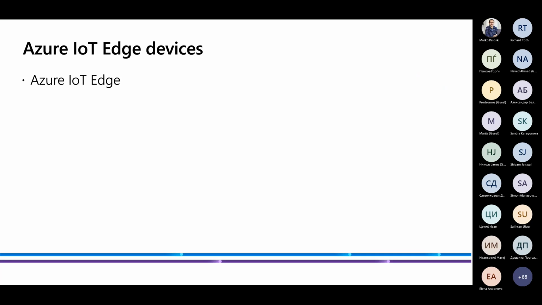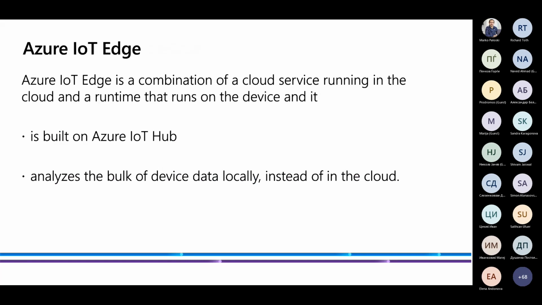And now we have Azure IoT Edge devices. Azure IoT Edge is a combination of cloud service and a runtime on the device. It's based on the Azure IoT Hub, and this service is intended for those who want to analyze most of the device data locally instead of in the cloud, either due to network issues or other problems.